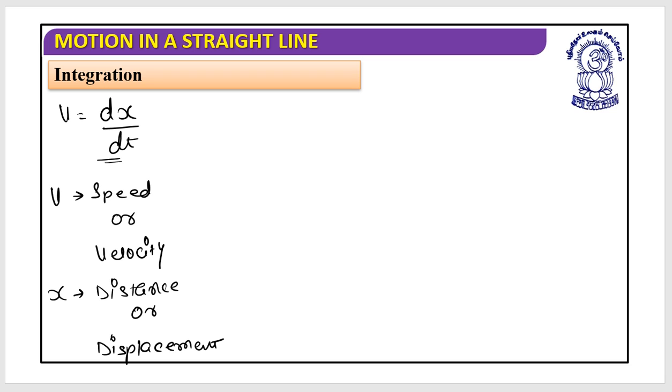So if v is equal to dx by dt, what we can write is dx is equal to v dt.